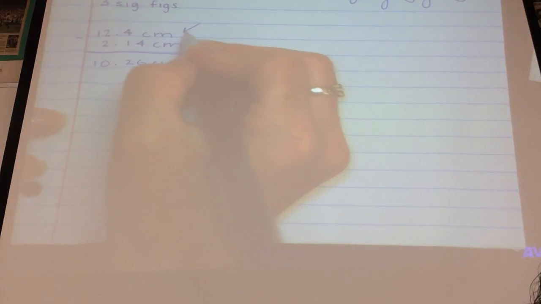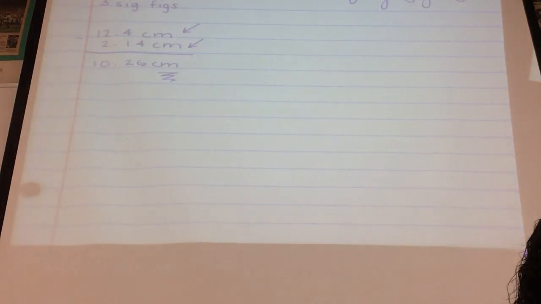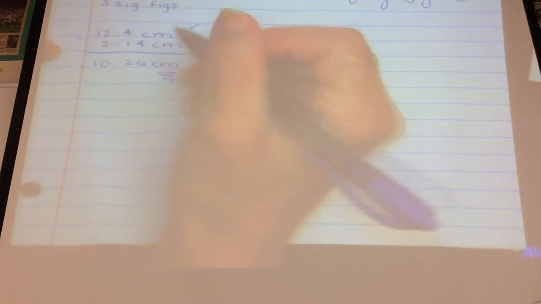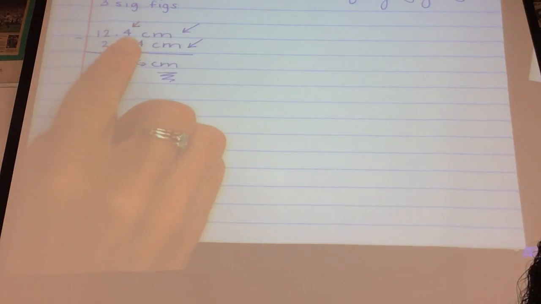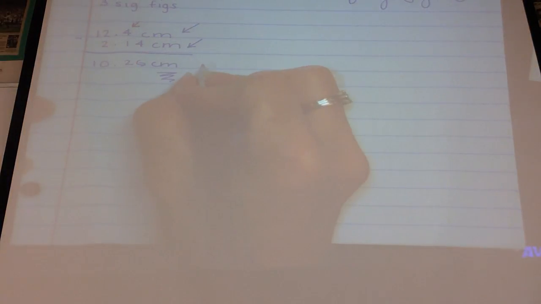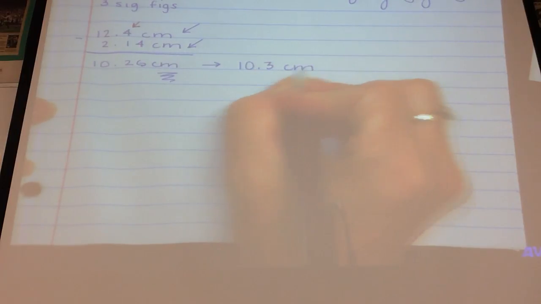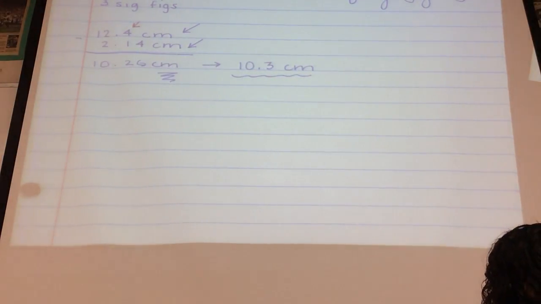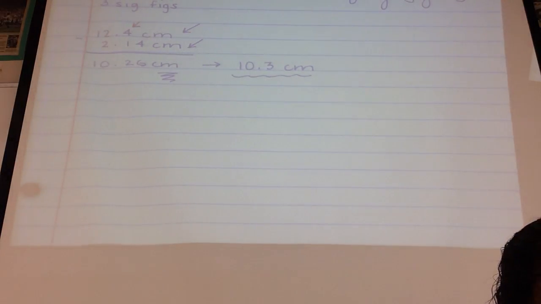Again, you must have the same unit, which you maintain. You only want as many decimal places as in the quantity with the least. So you want to the 10th place, and that then will round to 10.3 centimeters. When you add or subtract, you want the least number of decimal places.